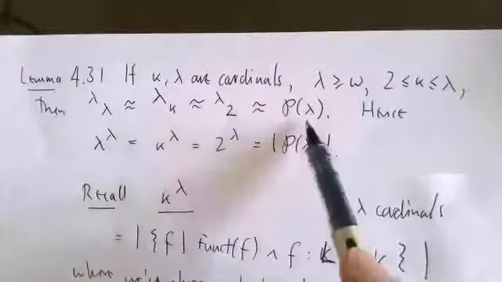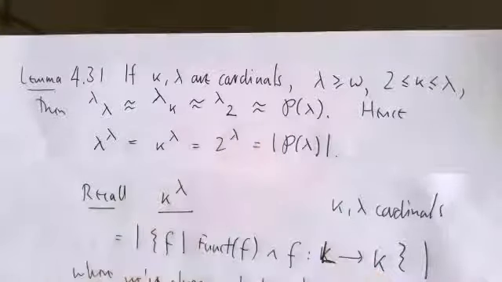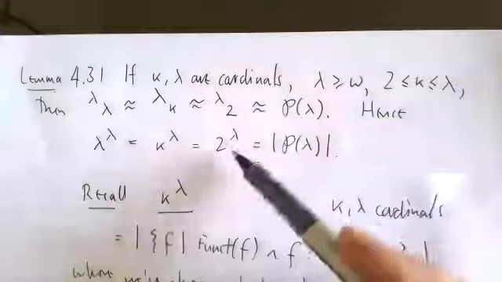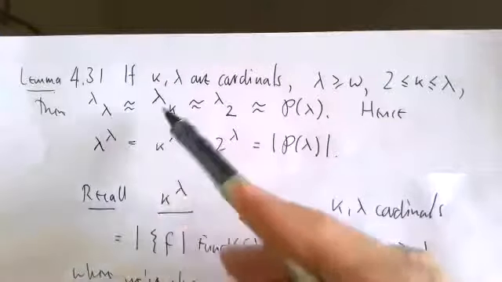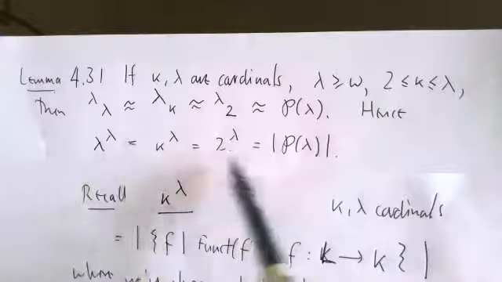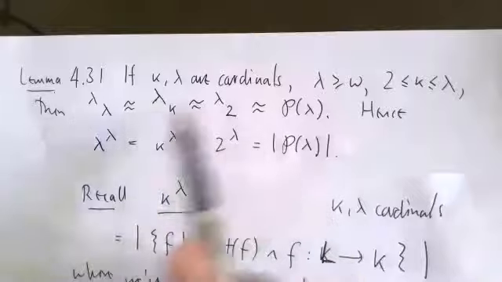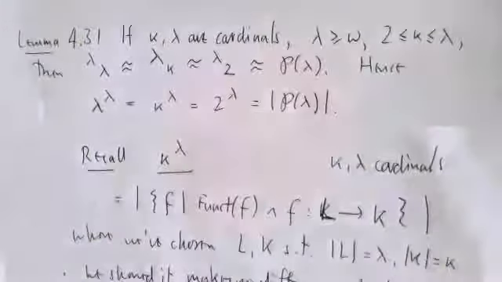And this we can biject with characteristic functions of subsets of lambda, which we went through last time. So in terms of their cardinals, these are all equal. So this is one thing that we can say about cardinals.